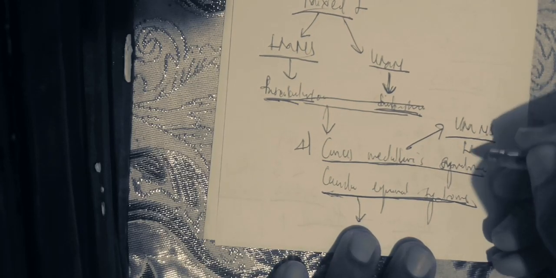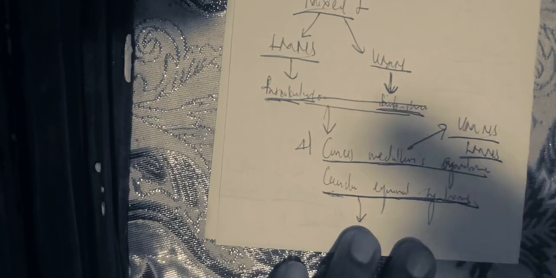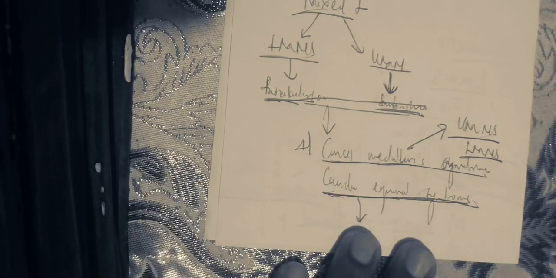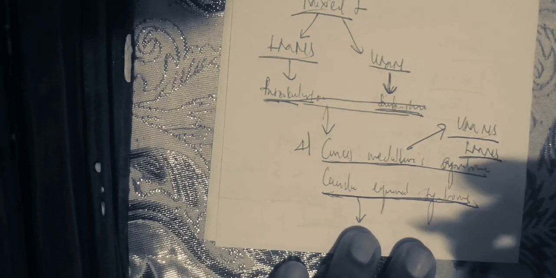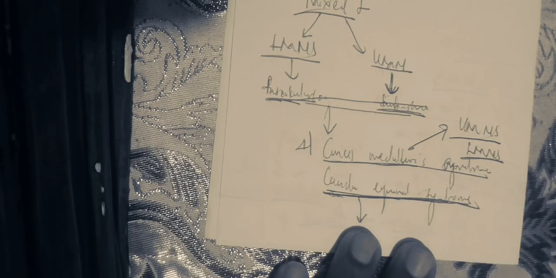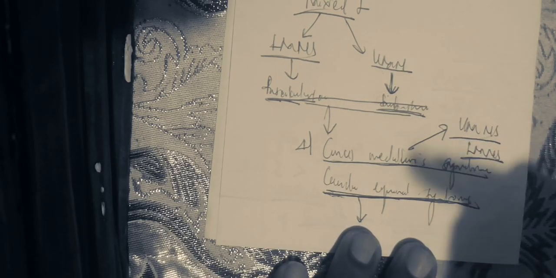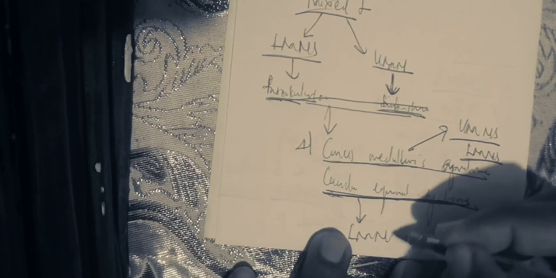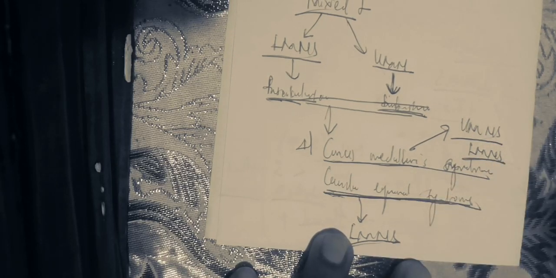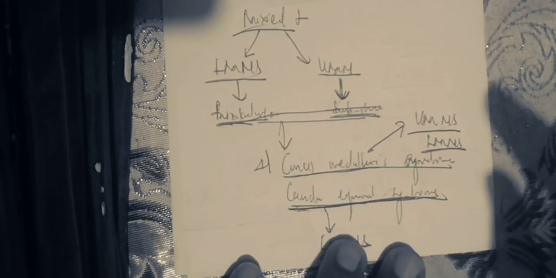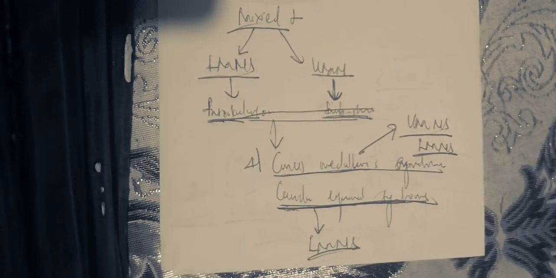And it can also have lower motor neuron syndrome, and they are symmetrical. While cauda equina syndrome has only the lower motor neuron syndrome, because it affects only the nerves, and it is asymmetrical. Is it clear? So those are the elements that you have to know about the syndromes.